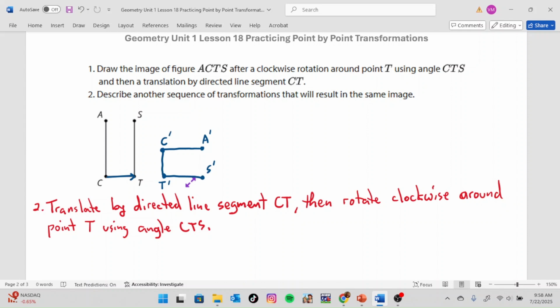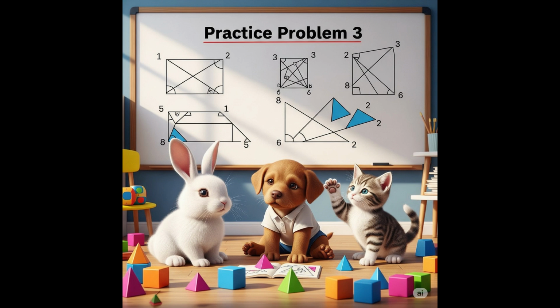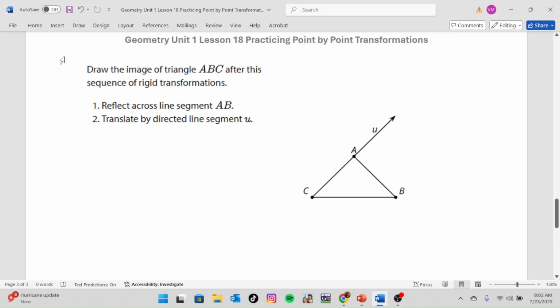Now let's go ahead and take a look at practice problem number 3. Practice problem number 3 will be the last practice problem of this lesson, and when we get done with it, we'll go back and review the learning targets. Draw the image of triangle ABC after this sequence of rigid transformations.